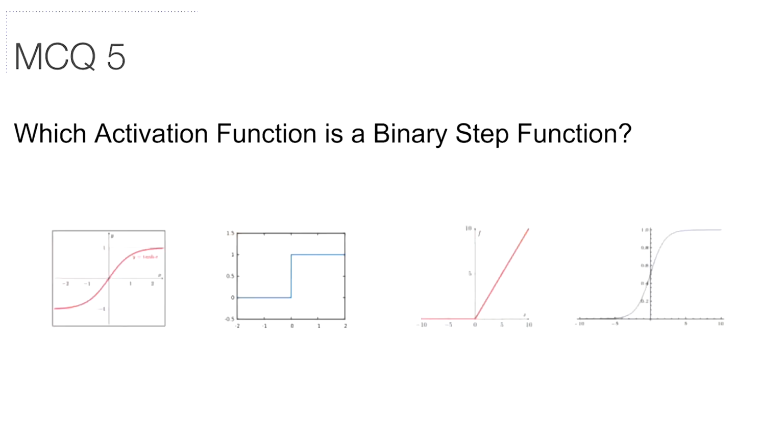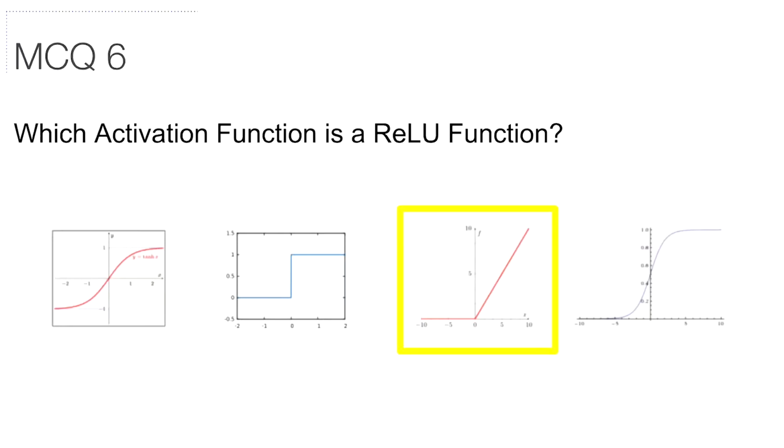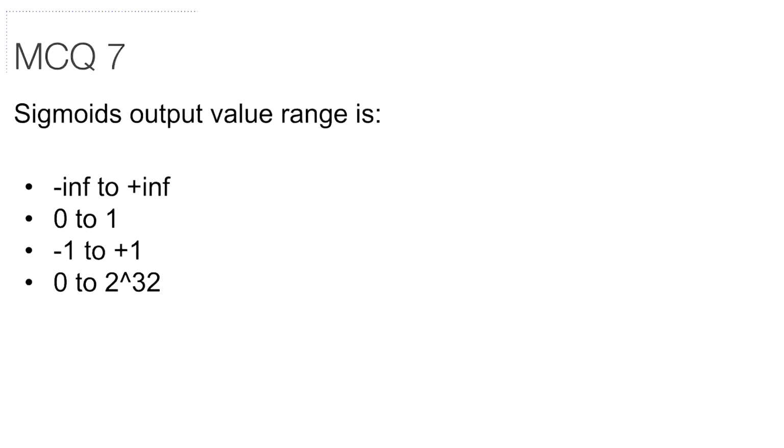Which activation function is a binary step function? It's a step function. Which activation function is a ReLU? 3, okay, wow. You guys are paying attention. Sigmoid's output value range is: -∞ to +∞, 0 to 1, -1 to +1, or 0 to 2^32?